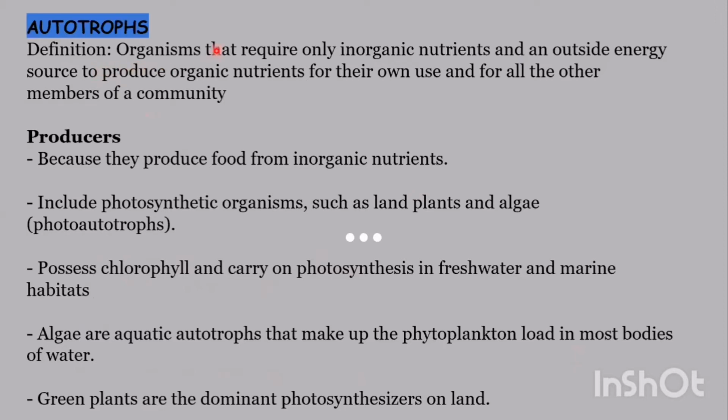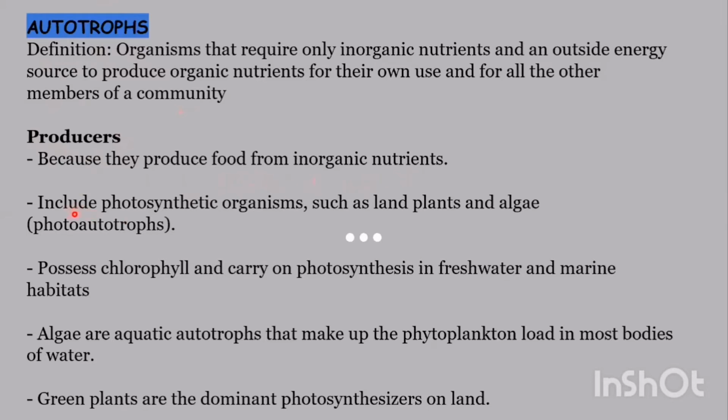Autotroph is an organism that requires only inorganic nutrients and an outside energy source to produce organic nutrients for its own use and for all other members of a community. So, a producer is one of the autotrophs because it can produce food from inorganic nutrients.